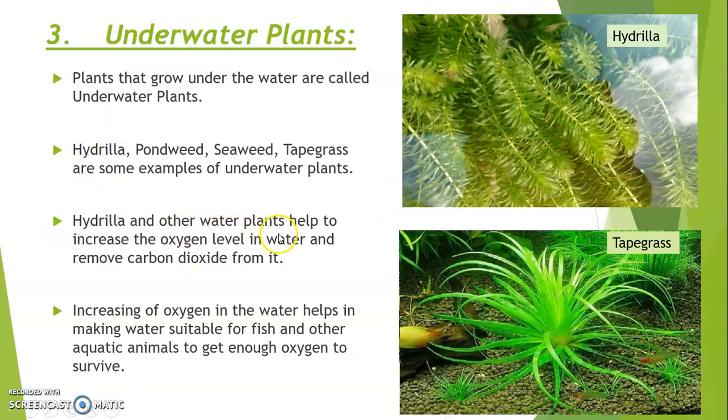Hydrilla and other water plants help to increase the oxygen level in water and remove the carbon dioxide from it. So these plants which live inside the water take the carbon dioxide for photosynthesis and leave the oxygen for the animals that live in the water, like fish.